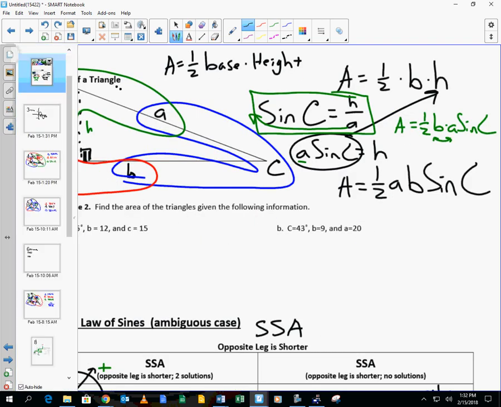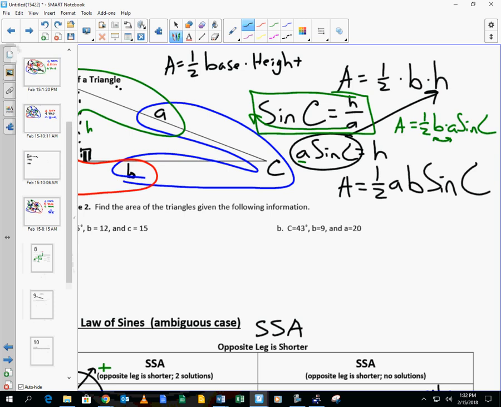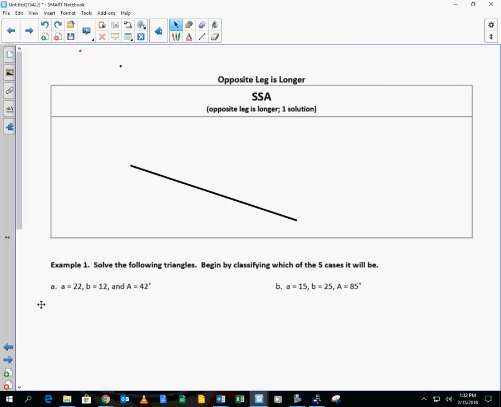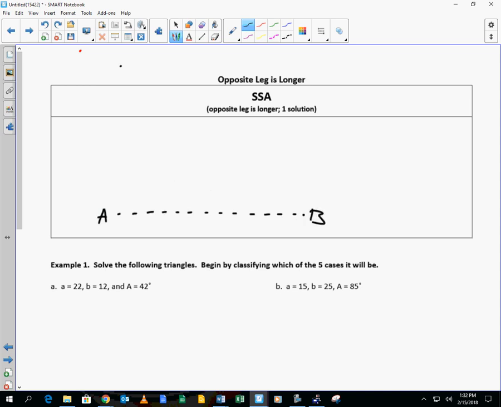Flip it over. Now let's look at the other situation for side-side angle.